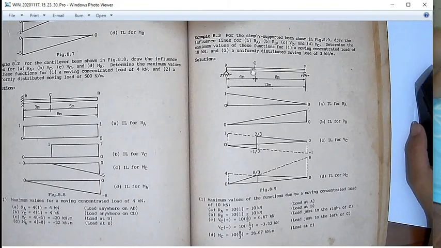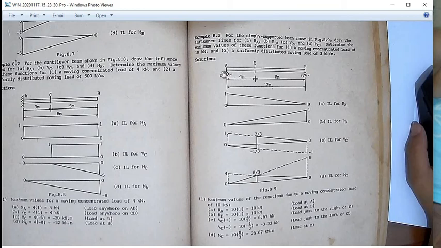For 8.3, for the simply supported beam, draw the influence lines for reaction at A or shear at A, reaction or shear at B, and then shear at C. And then finally, moment at C. And determine the maximum values of these functions for a moving concentrated load of 10 kN and a uniformly distributed moving load of 3 kN per meter.